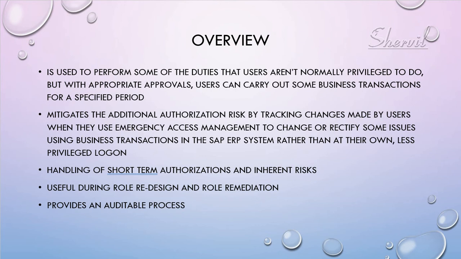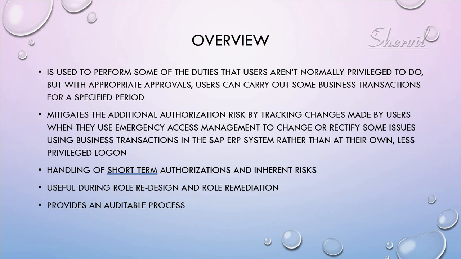And you can also use this for security role redesign by running the reports to understand what transaction codes are being used regularly by the users, which are the least used transaction codes or least used roles, and which transaction codes are not being used from a role. You can do all sorts of analysis when you run the reports from emergency access management.